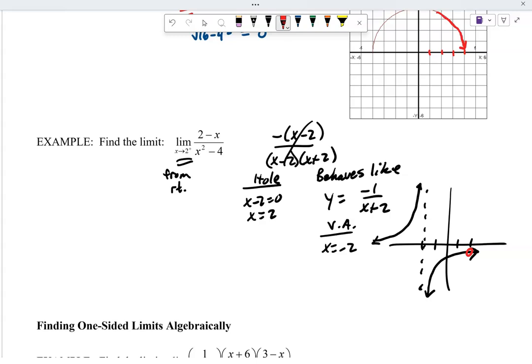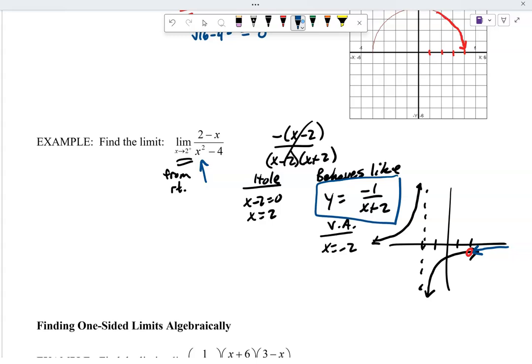As I approach 2 from the right, I can see I'm approaching a value. Of course, I can't throw 2 into the original because I'm dividing by 0. But graphically it behaves exactly like the simplified form, y equals negative 1 over x plus 2, except that one doesn't have a hole in it. So I could just throw it in and find the value.